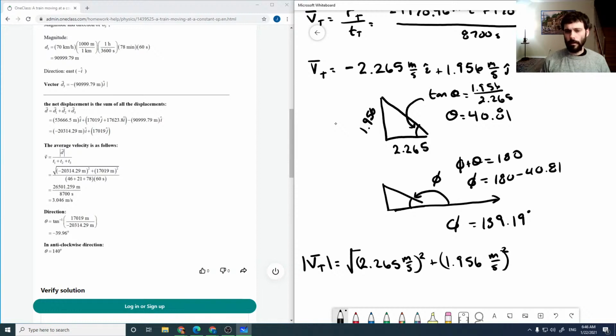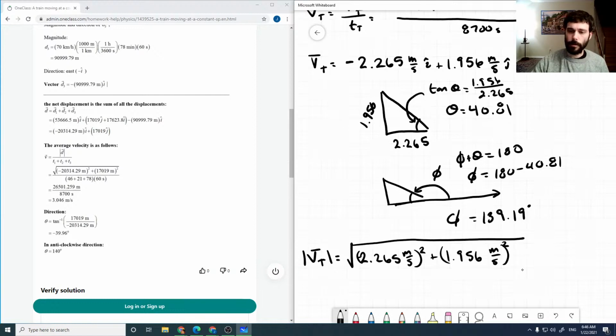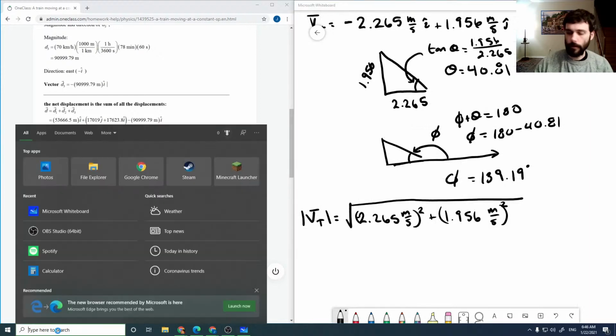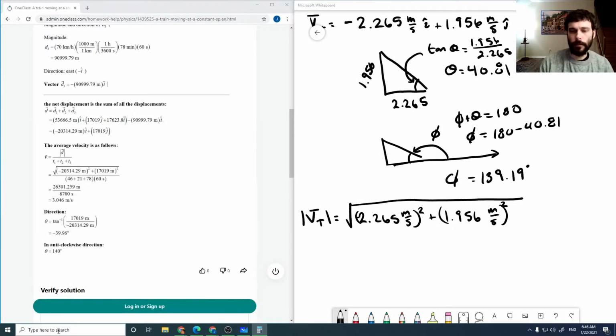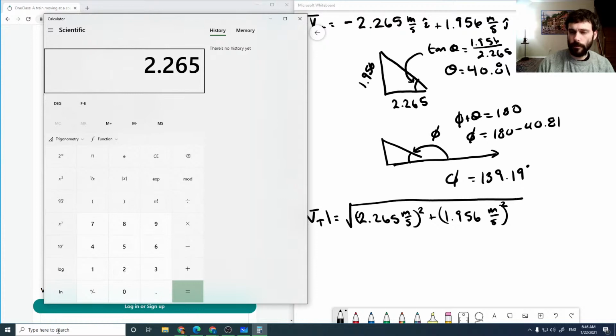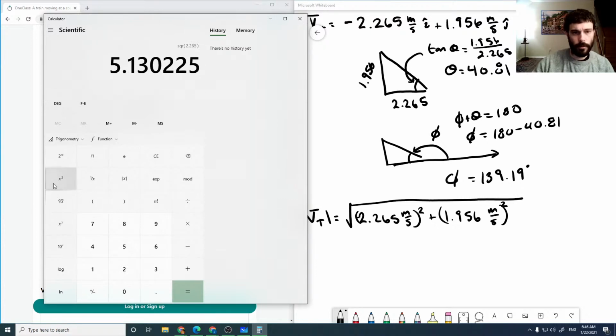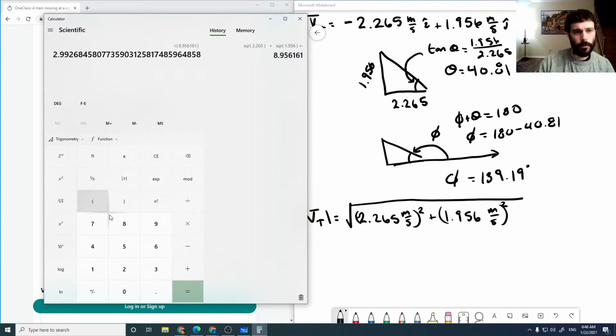So just square the individual components. And for this, I'm just going to have to open up a calculator and say 2.265 squared plus 1.956 squared equals, and then root.